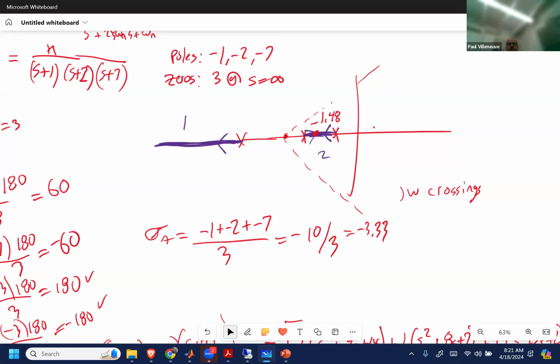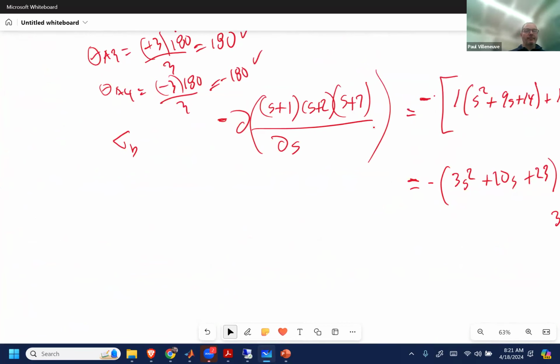Last, ooh, excuse me. Last thing we need to do is the Routh-Hurwitz. So our characteristic equation is here, right? And we only need the numerator of that.